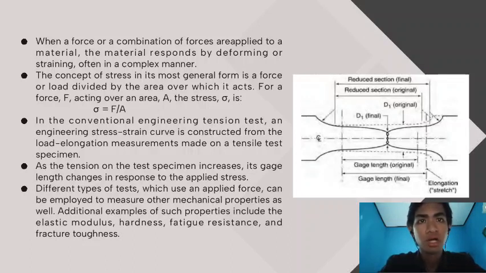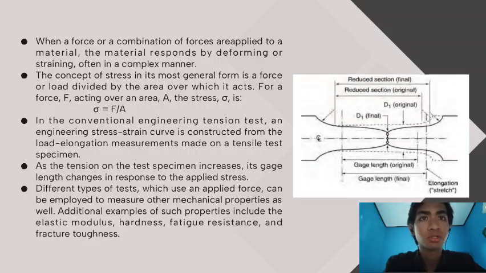Fourth, ultimate strength, indicating the maximum engineering stress that the material can withstand without fracture. Ultimate tensile strength typically is associated with the onset of necking in a tension test specimen. And the next, fatigue strength, indicating the level of cyclic stress that causes fracture due to metal fatigue over time.